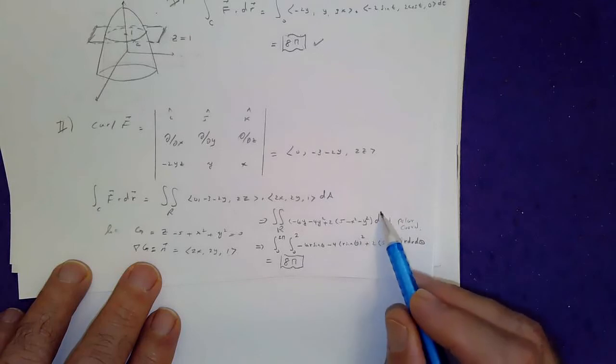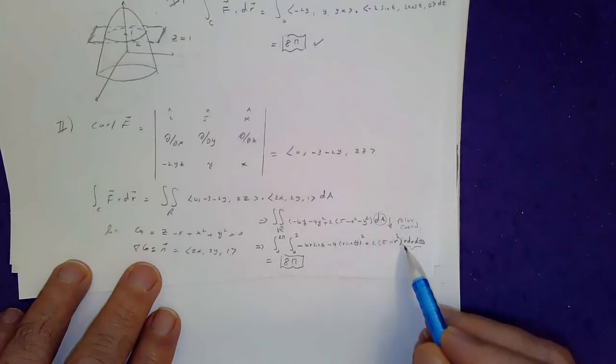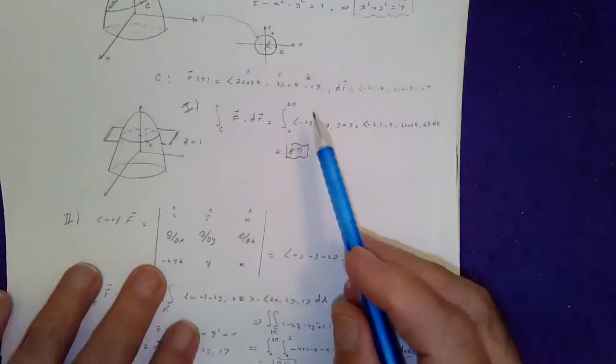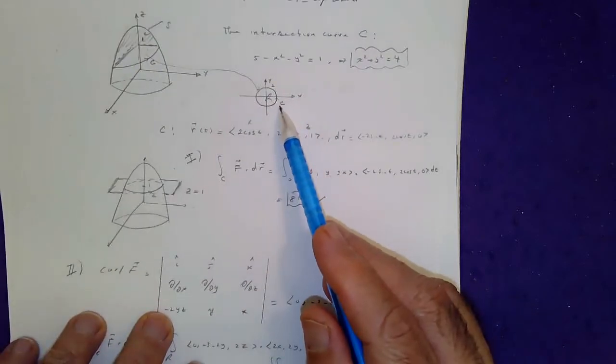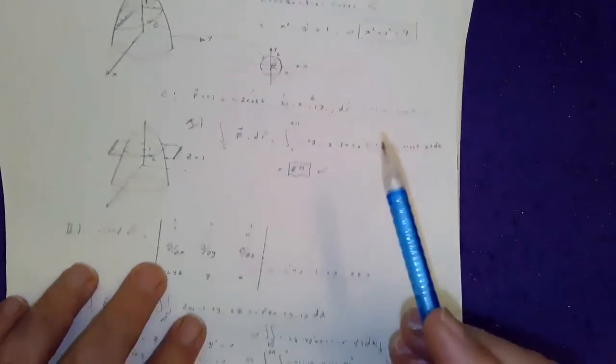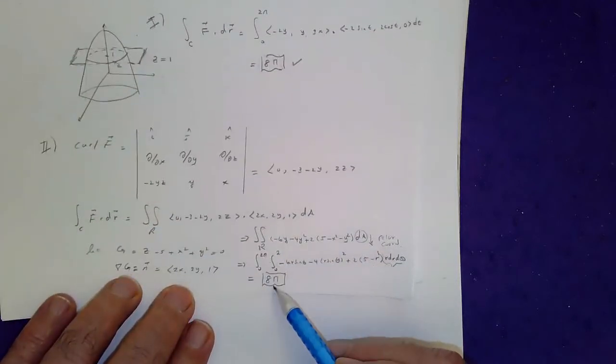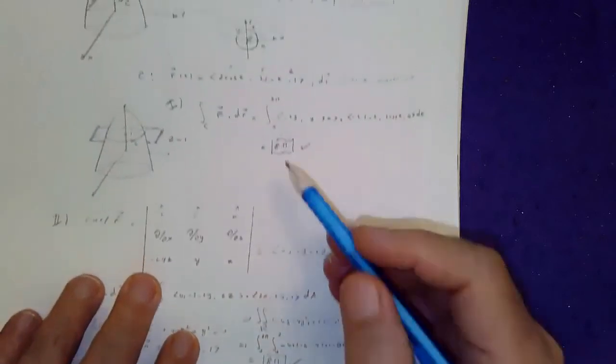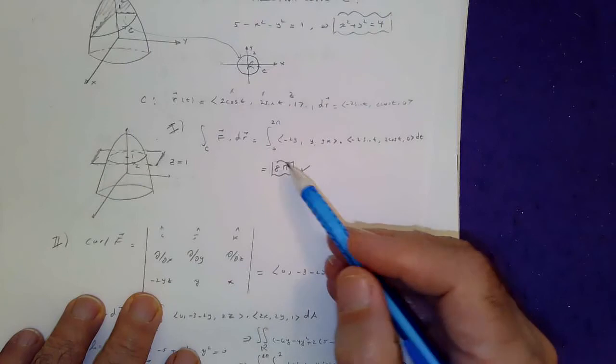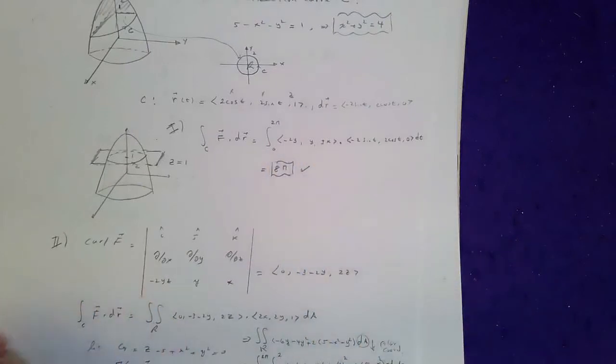And I have replaced the dA with r dr d theta, because the projection is a circle, radius 2, center at 0, 0. So r goes from 0 to 2 and theta goes to 2 pi. If you evaluate this mess, you get 8 pi, which is precisely the same as what we did the direct way.